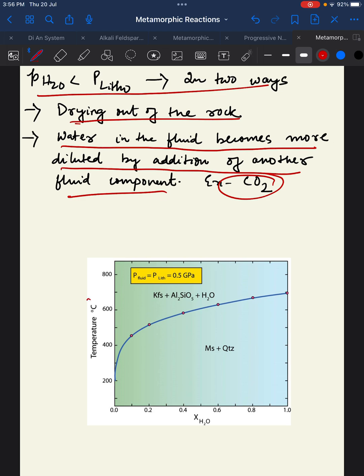This diagram is a temperature and composition diagram, and we are using a temperature and composition diagram here because the temperature of an isograd based on a devolatilization reaction is sensitive to the partial pressure of the volatile species.